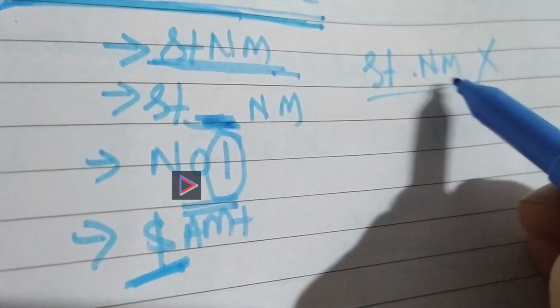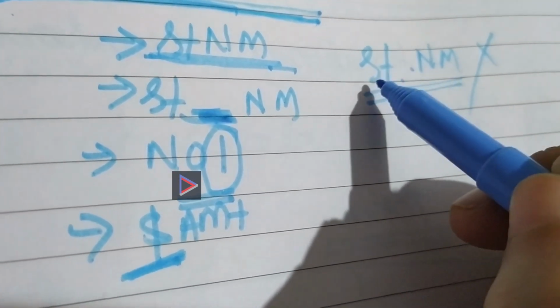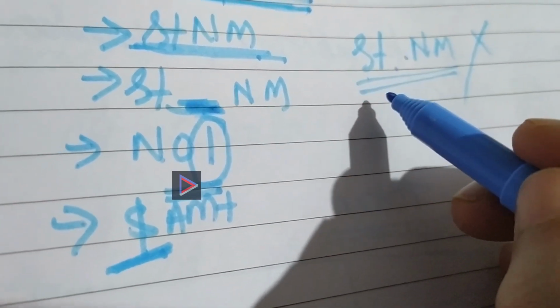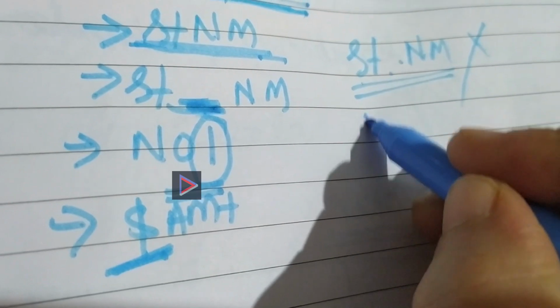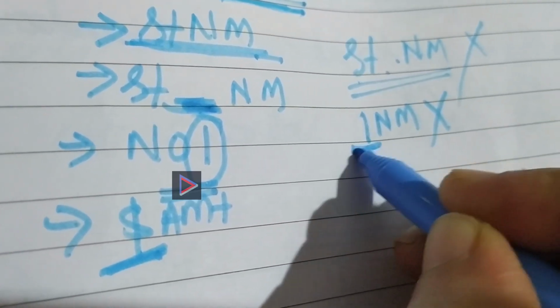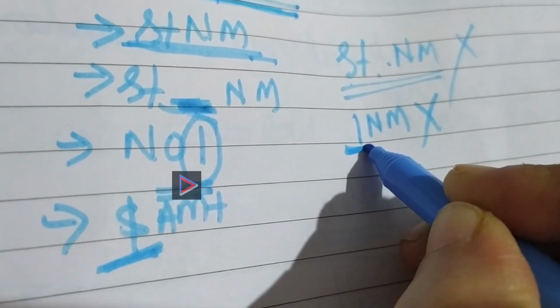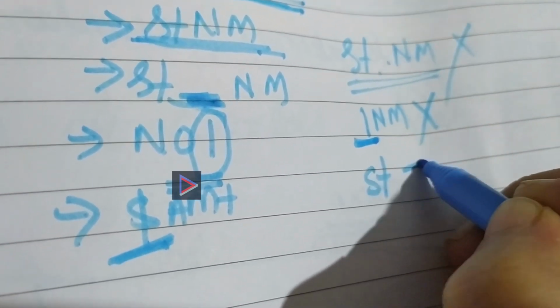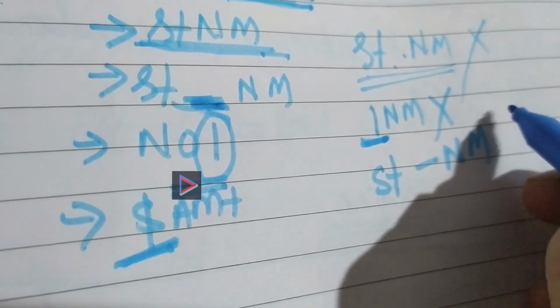Most of the students make the same mistake. They give a space between the letters or alphabets. Also, you cannot start with 1nm. That is wrong. The digit cannot be at the first position. Hyphen cannot be used either. st-nm you cannot use, this is wrong.